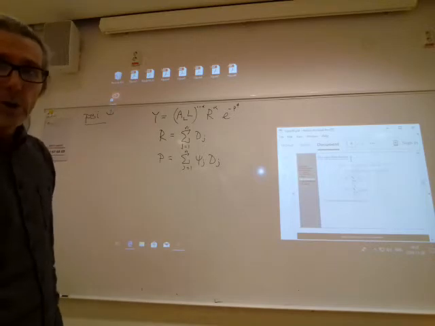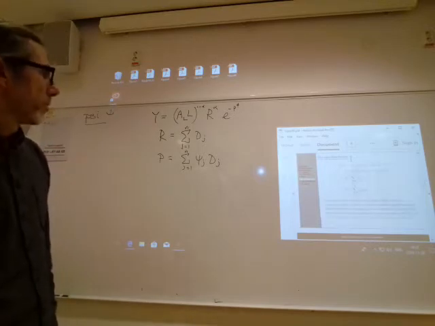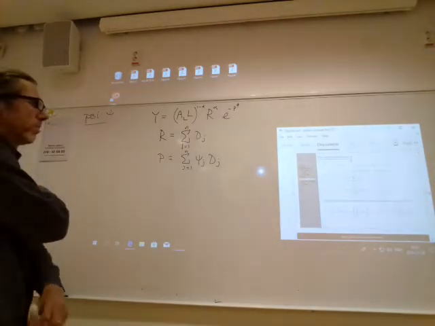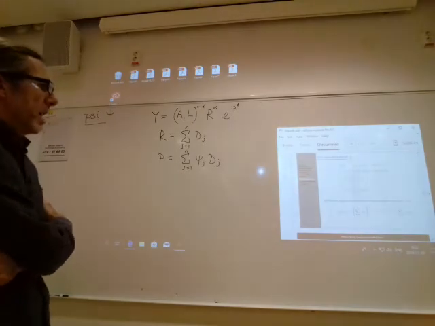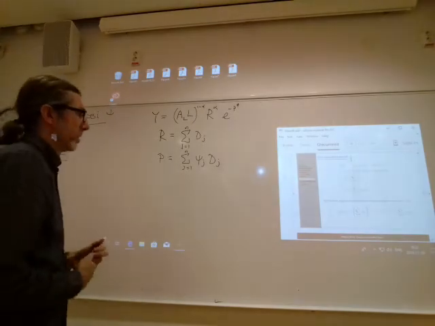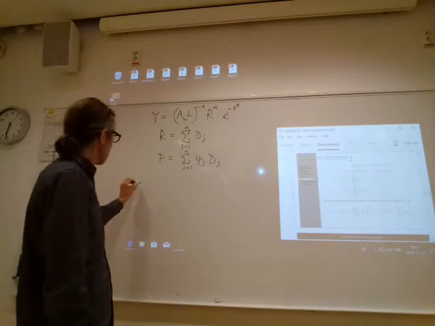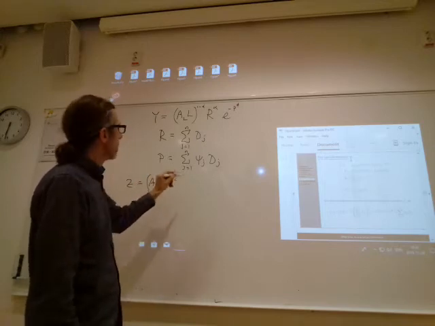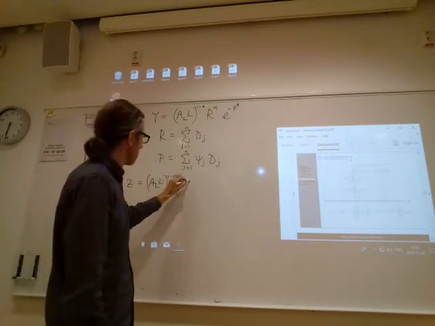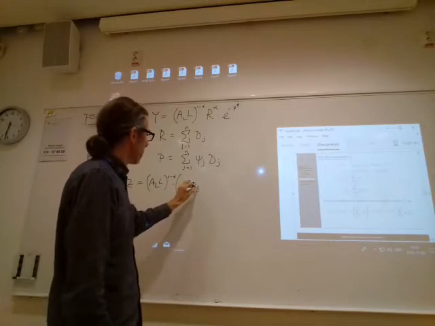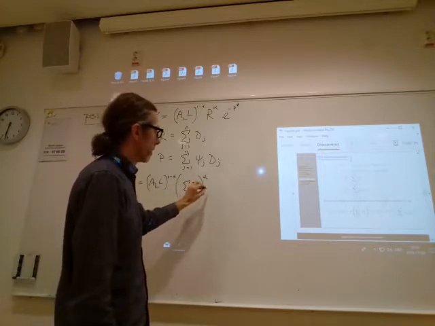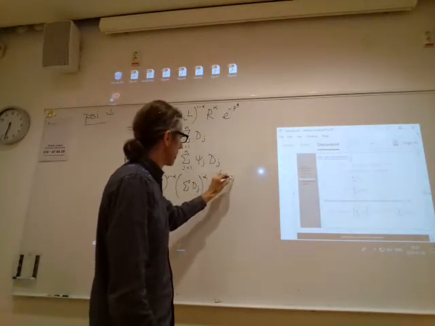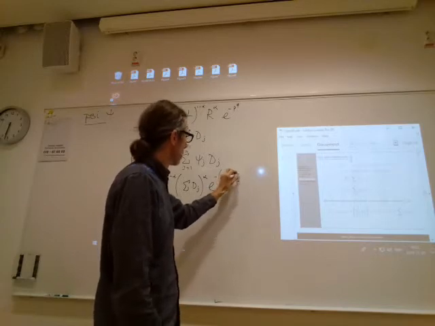So what happens in this model? Well, how much goes to the consumers? If we call that Z, it's AL to the 1 minus alpha, R to the alpha, which is the sum of dj to the alpha, e to the minus sum of psi j dj to the phi.